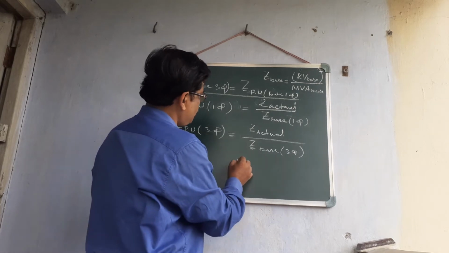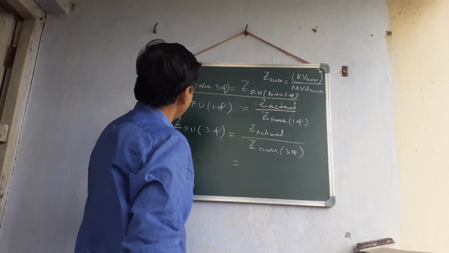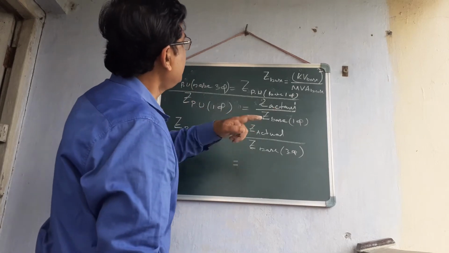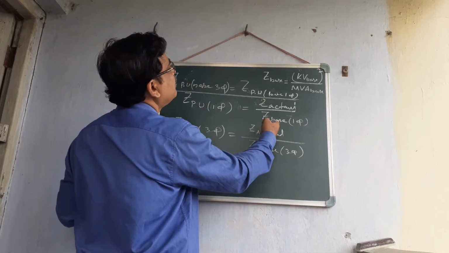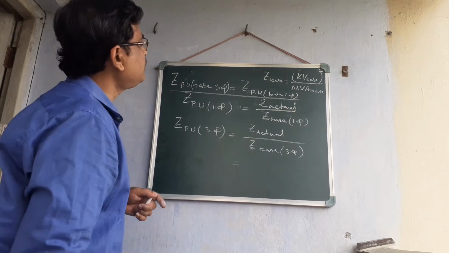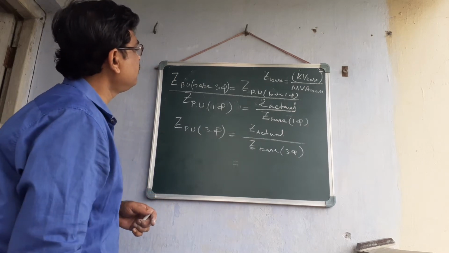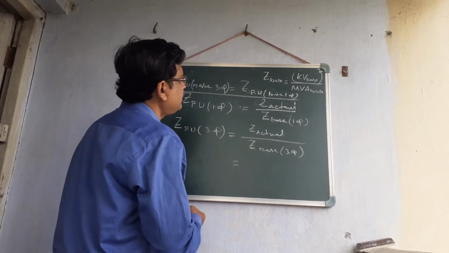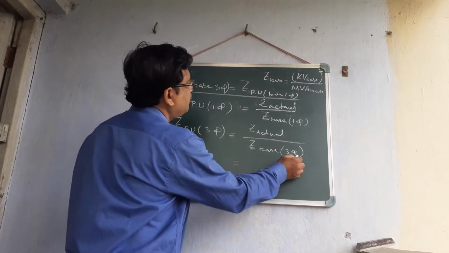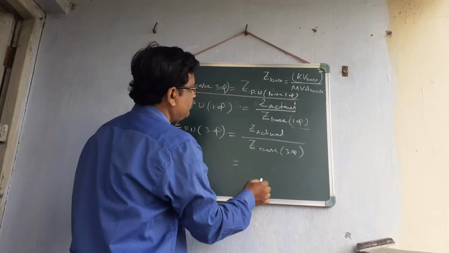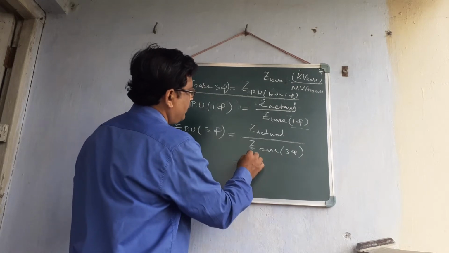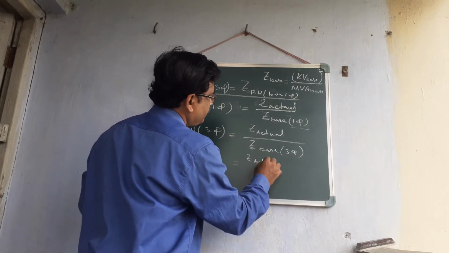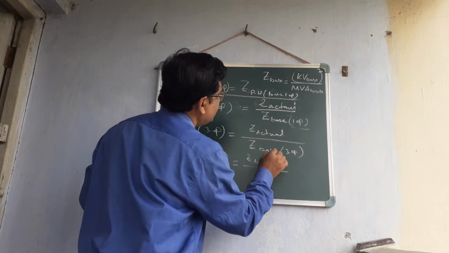So it is equal to Z actual by Z base in three phase. That means Z base in single phase system. Okay, let's rewrite. Z actual by Z base.